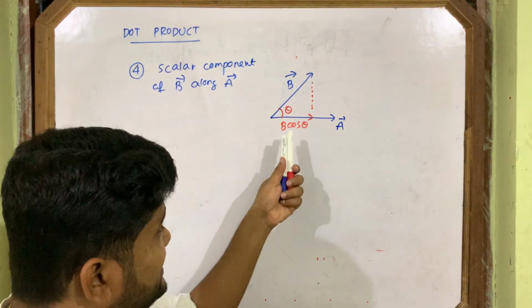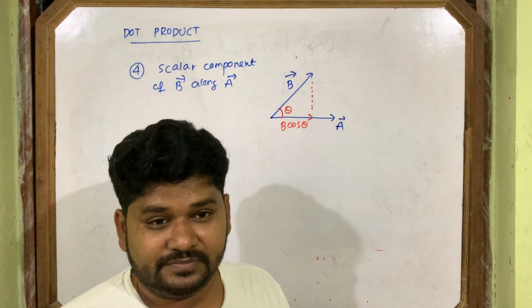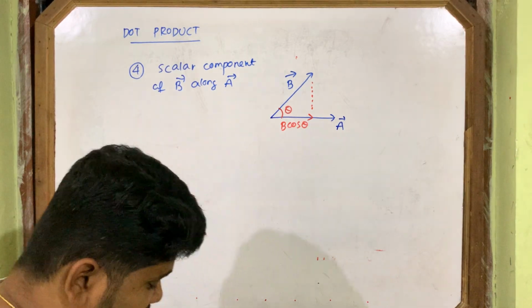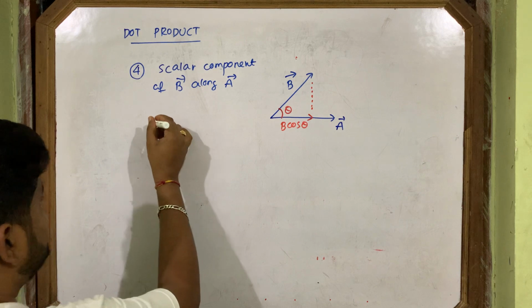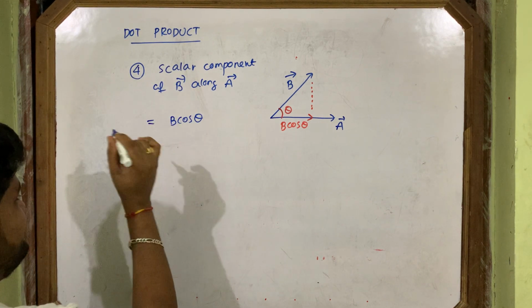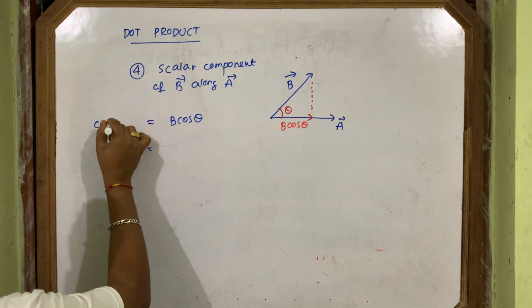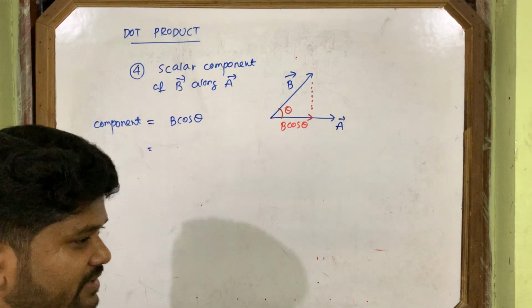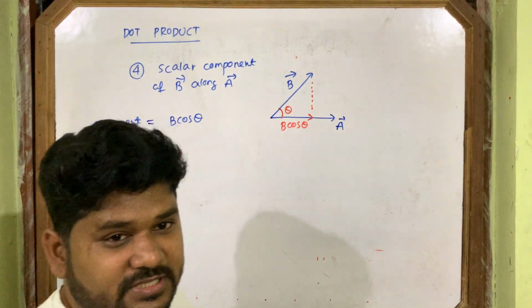But unfortunately theta is not given to you. If it is not given, what will you do? The scalar component, your answer is B cos theta. But how do you find that B cos theta?